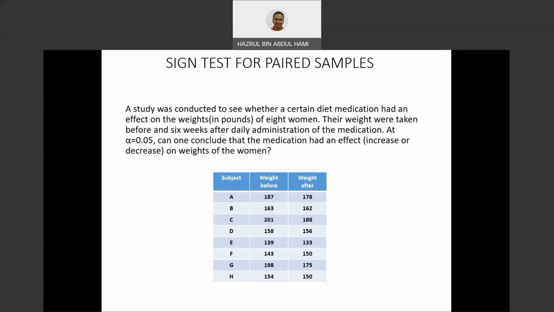At alpha 0.05, can one conclude that the medication had an effect, increase or decrease, on the weight of the women? So we will proceed with a two-tailed test, based on this statement, either the weight can increase or decrease.